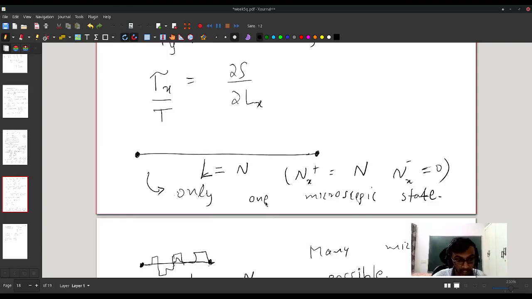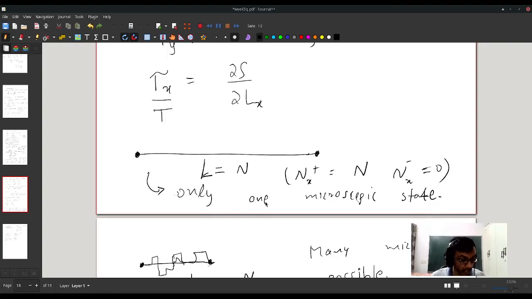At a smaller length, it can wriggle and do a lot of things and have the same length in many ways. So the entropy would be more. So if you heat a rubber band, it would shrink, because it would gain entropy by contracting to a lower length.